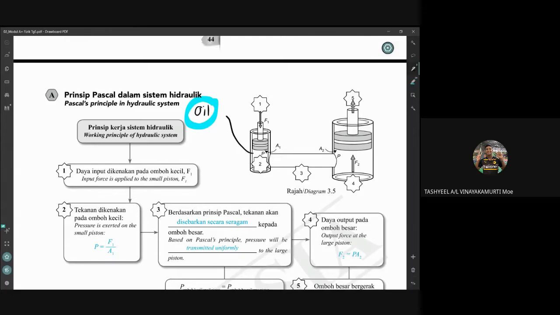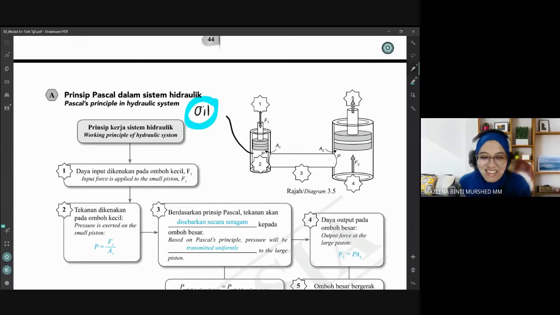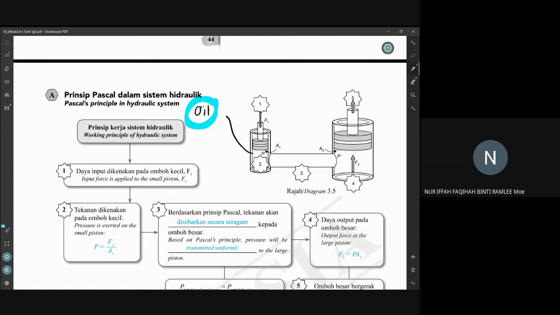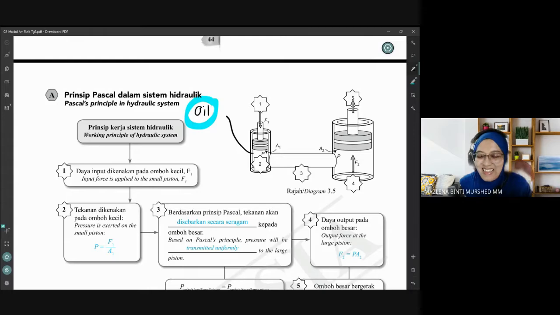Lebih kurang lah. Ifa, any comment? Ifa, why we use oil inside the piston or hydraulic system? Apa yang tiru?